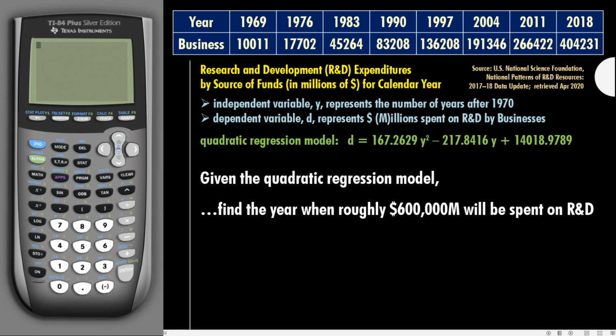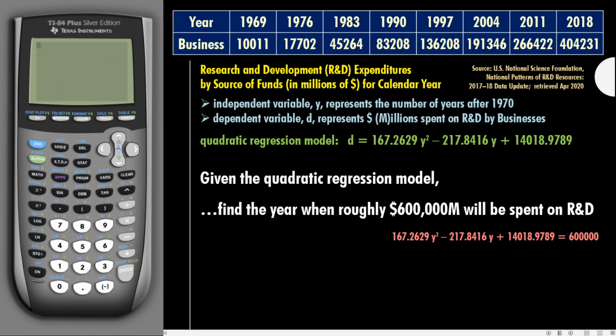Find the year when roughly $600,000 million will be spent on research and development by businesses. If we're going to try to find the year closest to producing that kind of amount of money, set your quadratic regression model equal to 600,000. Since it's a quadratic equation, there are 4 methods that we can use to solve: factoring, graphing, completing the square, and the quadratic formula.